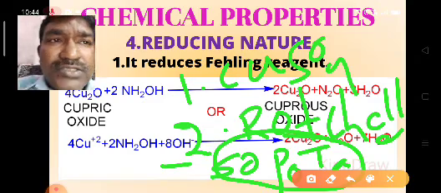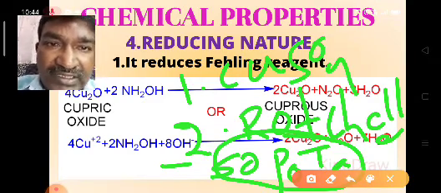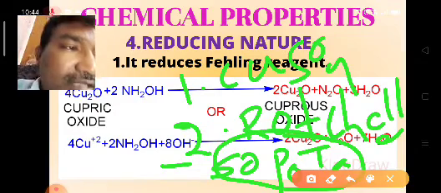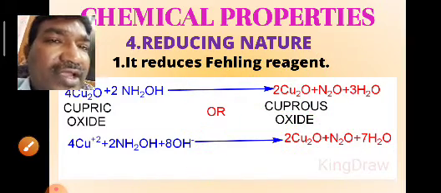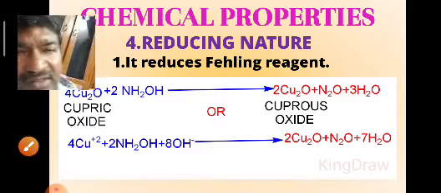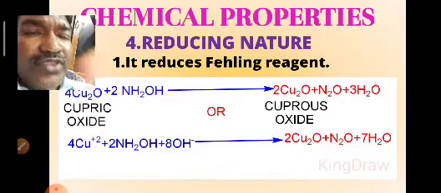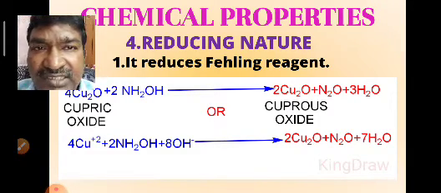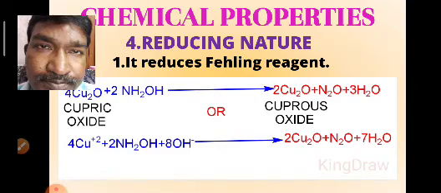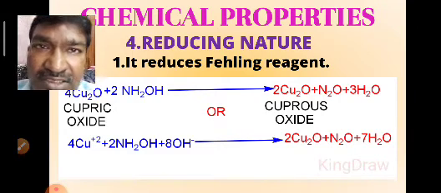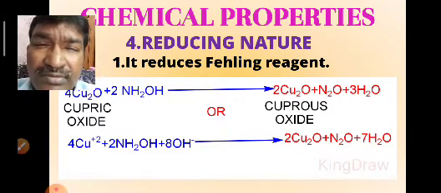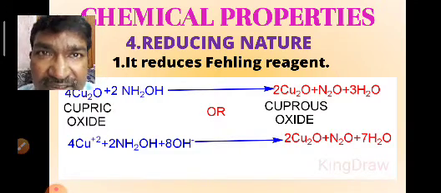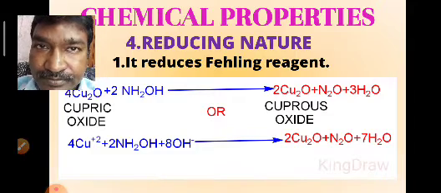Okay. So actually it is a complex reaction, but for convenience, when these two reagents are mixed, we get a blue color solution. That is a complex compound, but for convenience, we represent the Fehling reagent as cupric oxide, CuO. We know very well that Cu plus 2 ions have the blue color. So when we mix Fehling 1 and Fehling 2 reagents, we get a blue color solution.